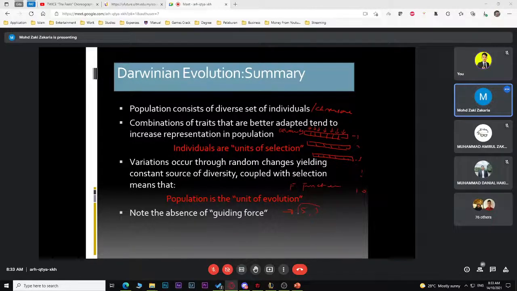So we choose these chromosomes and use them as parents to reproduce other chromosomes. We do the crossover after this. That is the main idea of Darwinian evolution.